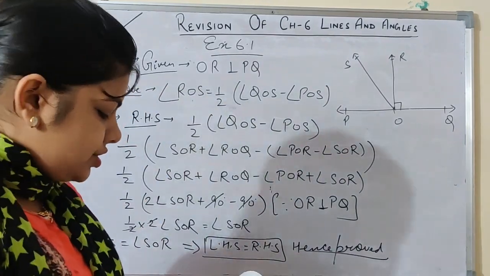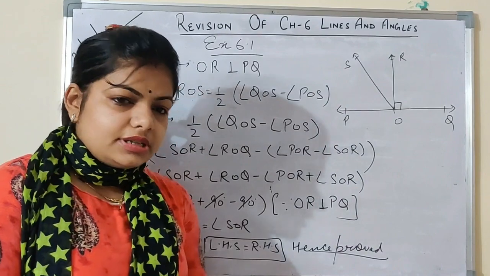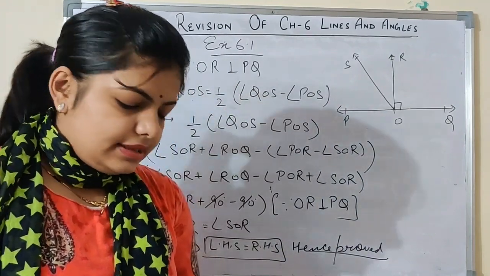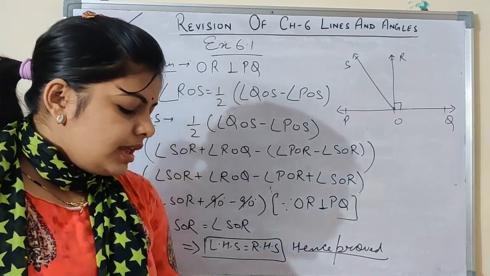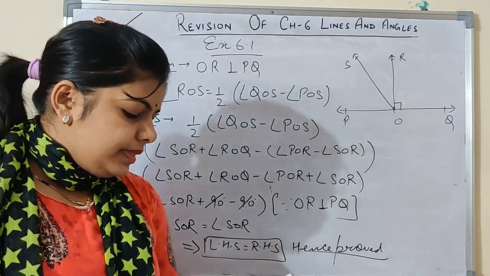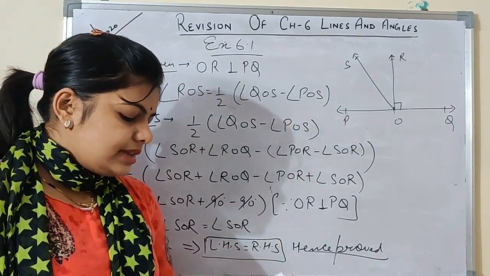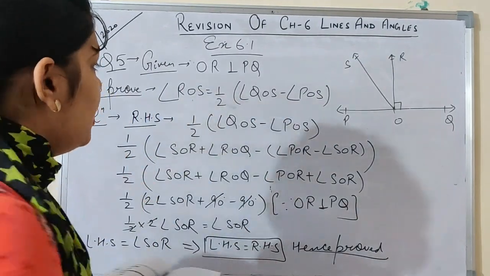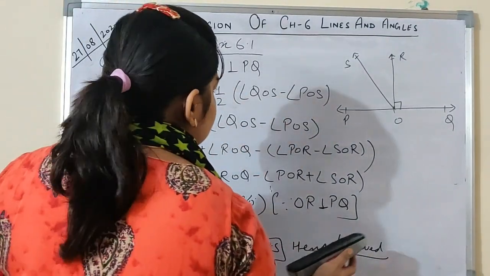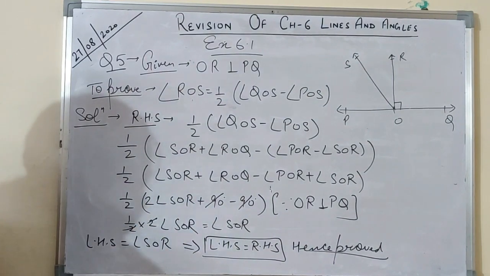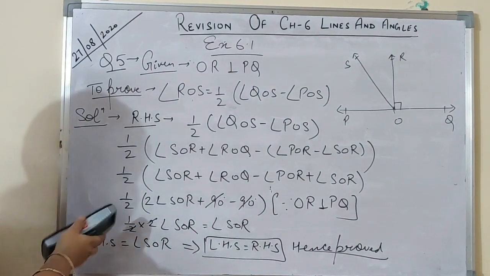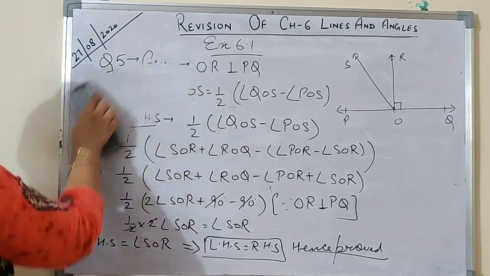According to the question, it says, if a transversal intersects two lines such that the bisectors of a pair of corresponding angles are parallel, then prove that the two lines are parallel. Now according to this question, we will just draw the figure first. I think if this question is clear to you, and if there is any doubt, then you can write it. Okay, I am erasing this.